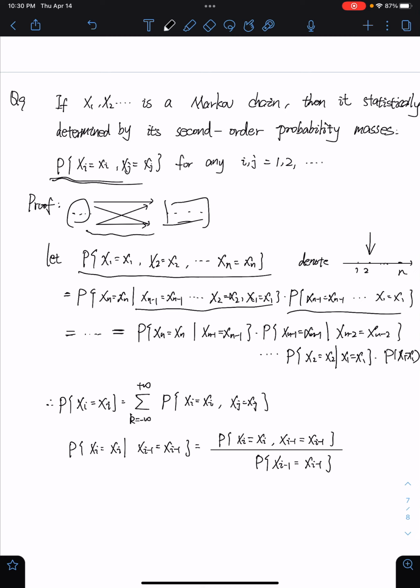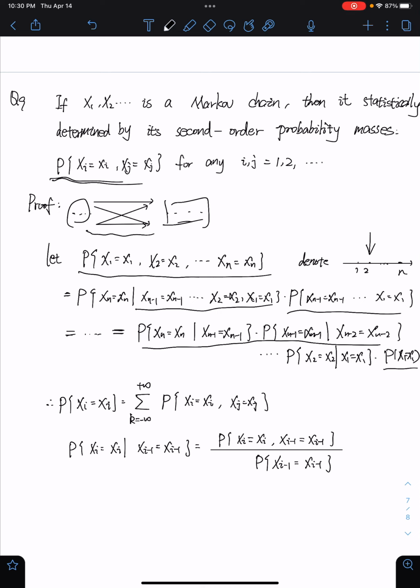We do this recursively until we can decompose all the elements by conditional probability, with the last part being the probability of X_1 equals x_1.